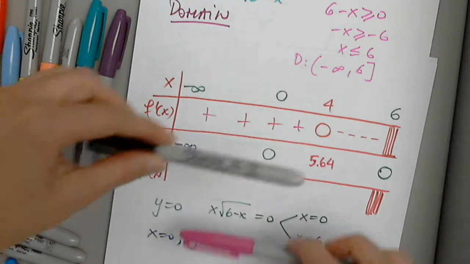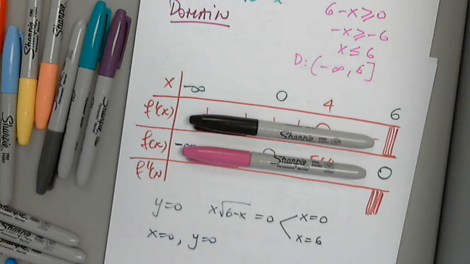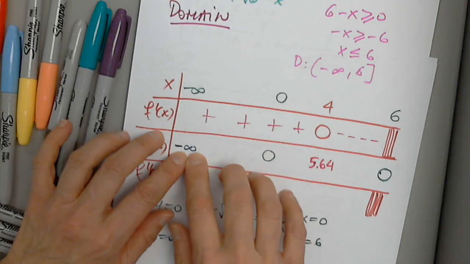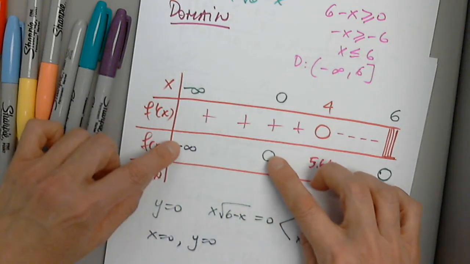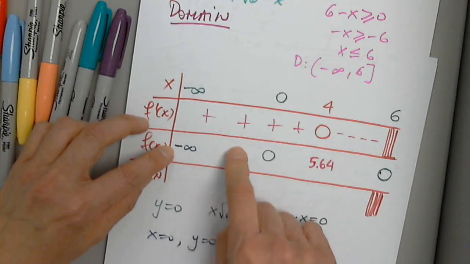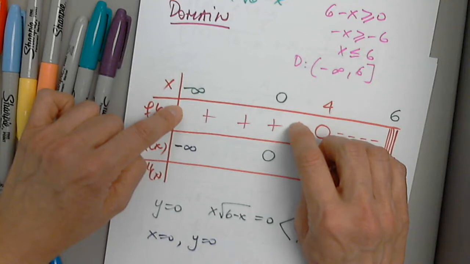Now the moment of truth. These two rows have to work well together. If they don't work well together, then I would say, oops, I have an error somewhere. Ready? Okay. The function comes from negative infinity to 0. What does the function do? Increases. Is that supported by the sign of the first derivative?